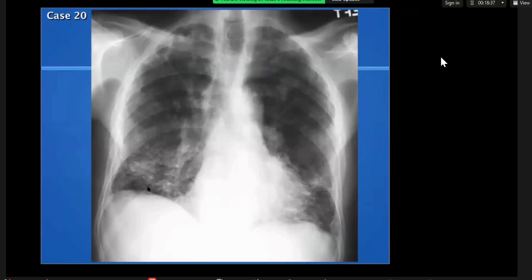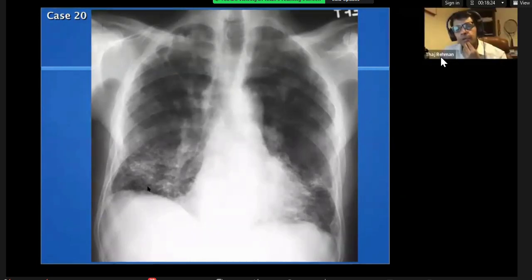So the frontal chest X-ray of an adult patient which demonstrates patchy opacity in the bilateral lower zone. What is the pattern of opacity? How would you describe it? Is it acinar shadows? Is it reticulation? Is it reticulonodular?